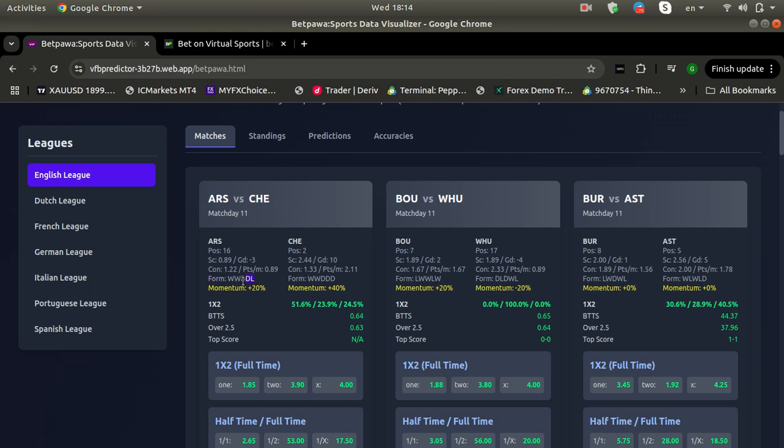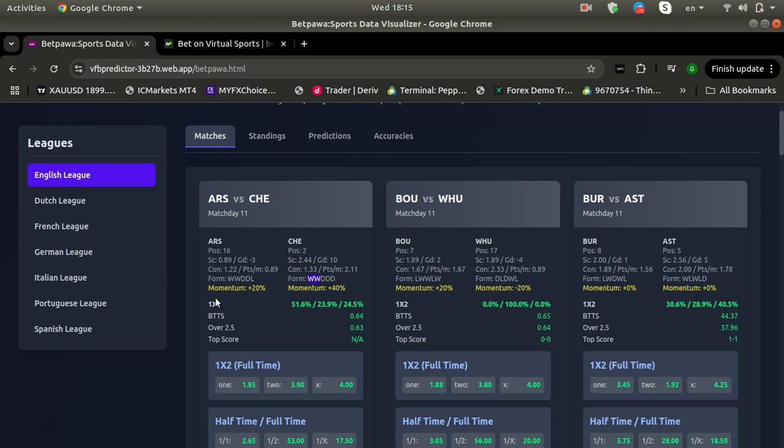This is the recent form, and the most recent one is this one over here. We can see that the previous match for Arsenal, it won, and the previous match for Chelsea, it won. We can also count and see that Arsenal has had 2 wins in the previous 5 matches, and Chelsea also has 2 wins in the previous 5 matches.